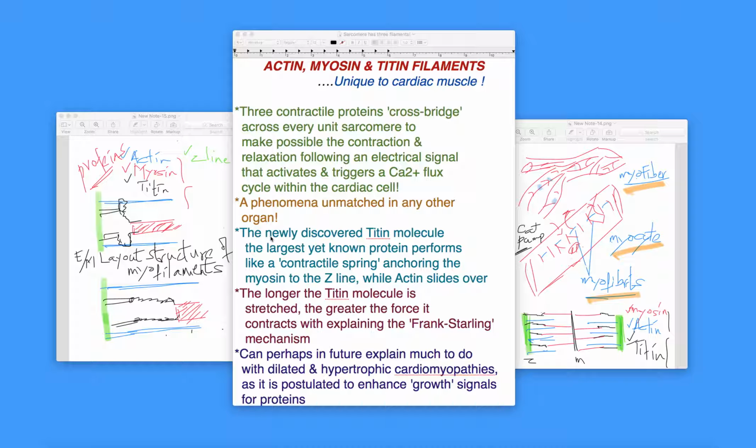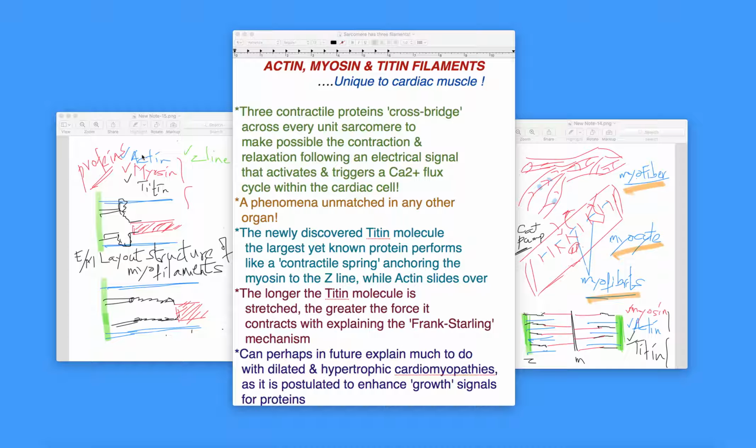And there are tons and tons of such sarcomeres within the cardiomyocytes which constitute these filaments. Now, the filaments obviously are within the myofibrils, and there are three types of filaments, if you will. One is actin, the other is myosin, and third is titin, which was only recently discovered, like I said in the previous video.